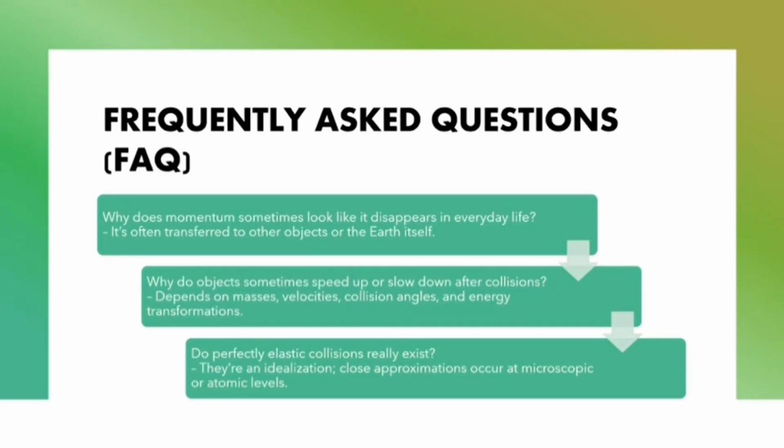Okay, so we can move to the second question. Why does speed change so drastically post collision? Because mass, velocity, collision angles, and energy conservation all play a role. So in the next question, are perfectly elastic collisions real? They are mostly idealized. In everyday life, collisions usually lose some energy to sound, heat, or deforming objects.